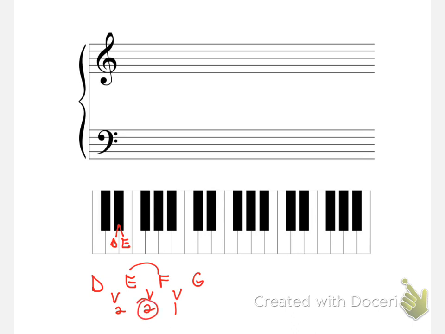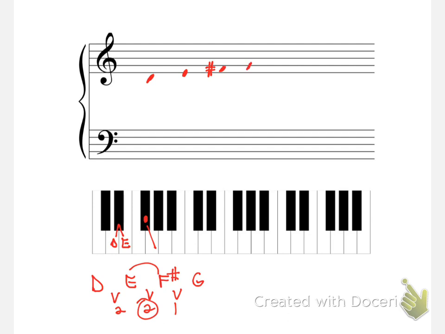So let's see, from E, if we move up two half steps, we would actually end up here on this first black key. So we have to call this F sharp, so we'll need a sharp on the F, and then from F sharp to G gives us that one half step. So the D tetrachord is D, E, F sharp, then G.